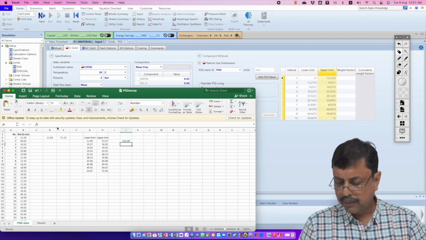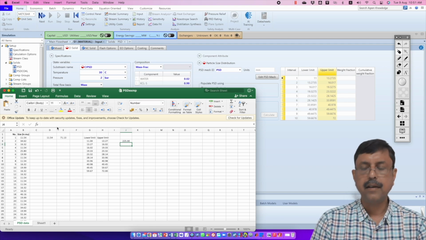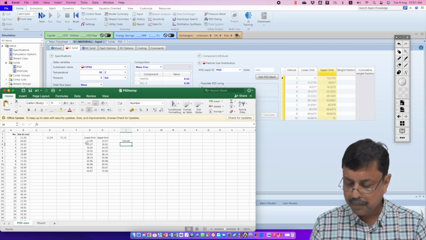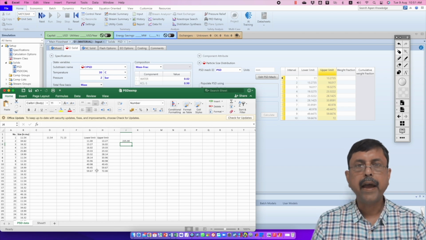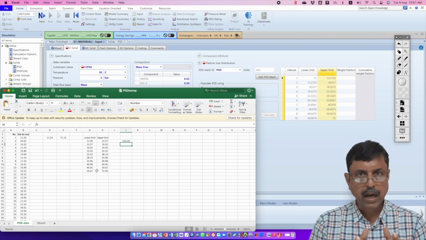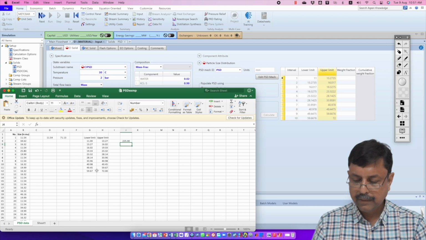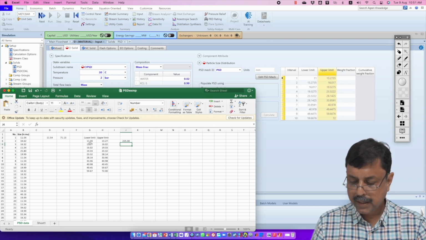Yes, so it has counted the entire range and wanted to find out how many of these sizes fall within this limit, 11 to 13.27.